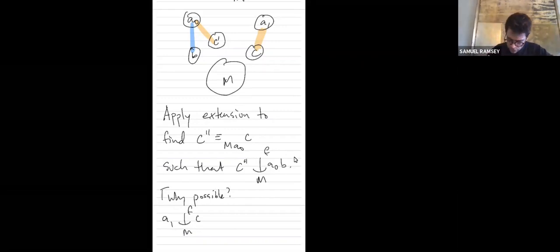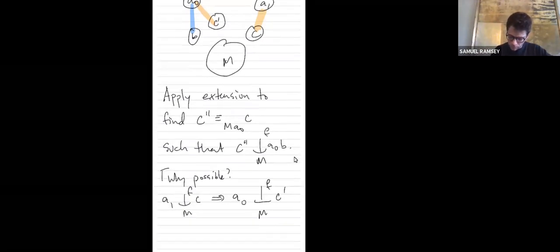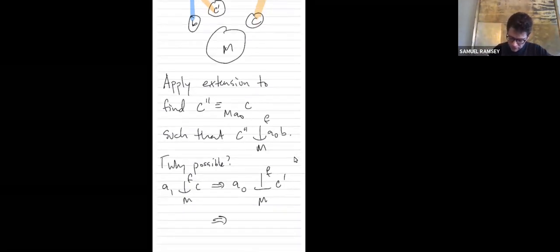So that certainly implies that A0 is independent over M with C prime, because independence is invariant. And that implies that C prime is independent over M with A0 by symmetry, which we proved.